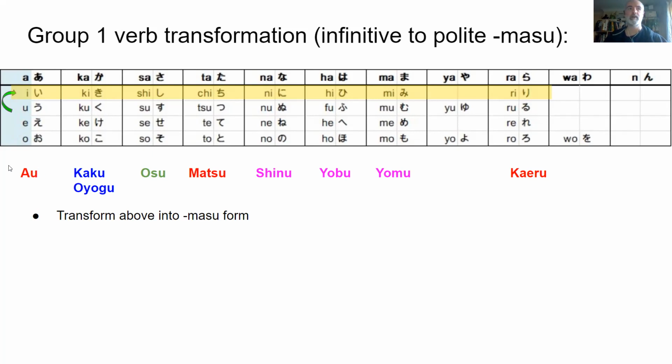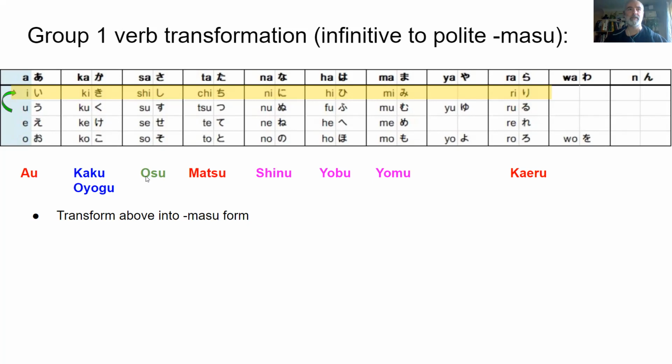And you'll see that they all finish with a u sound. So to meet, for example, is au. This is the stem a plus the suffix u. Kaku, to write, has the stem ka, and then the suffix ku. Oyogu, to swim, has the stem oyo, and then gu, which behaves the same way as ku. Osu, to push.